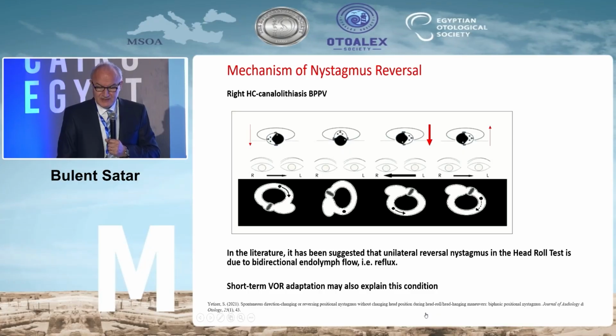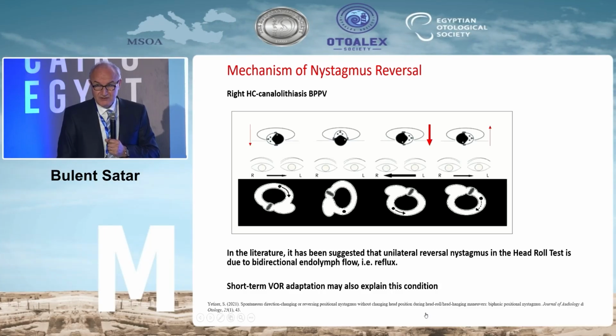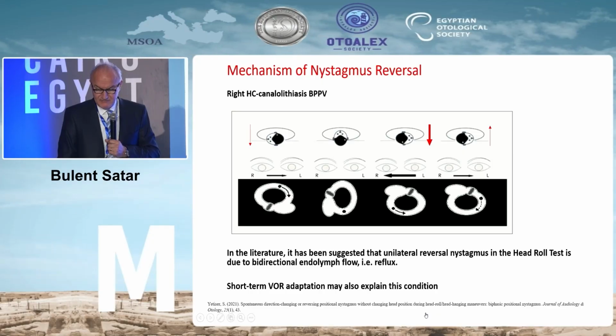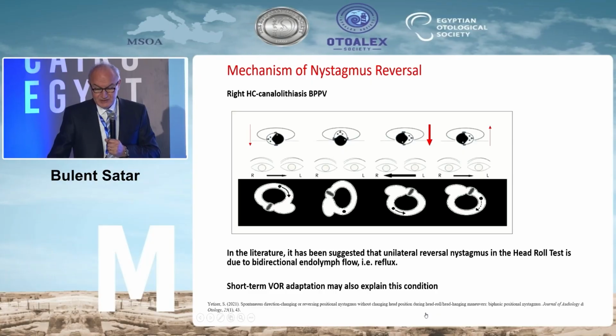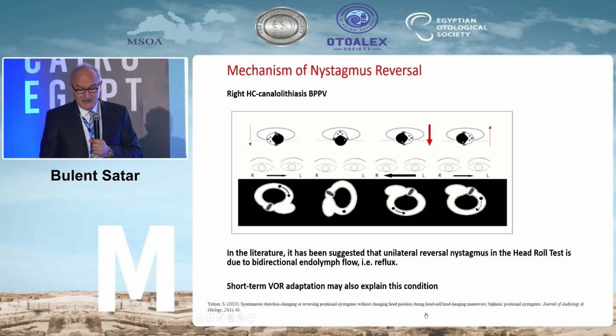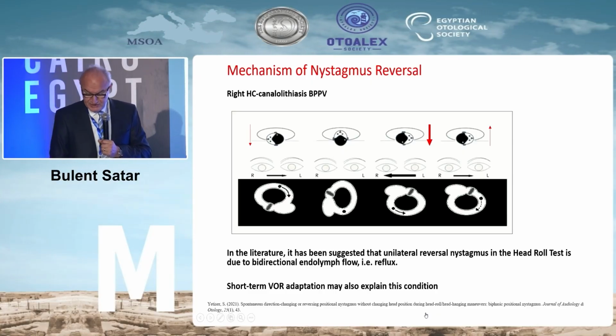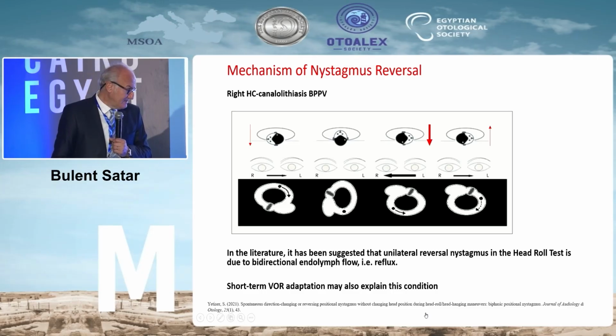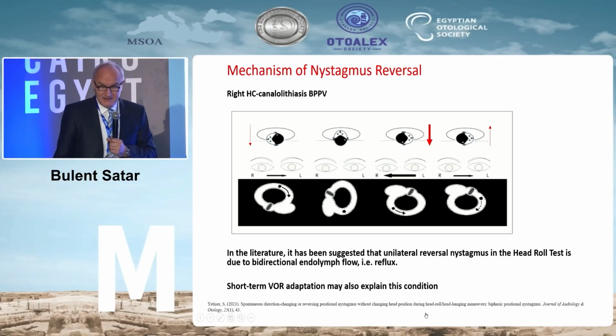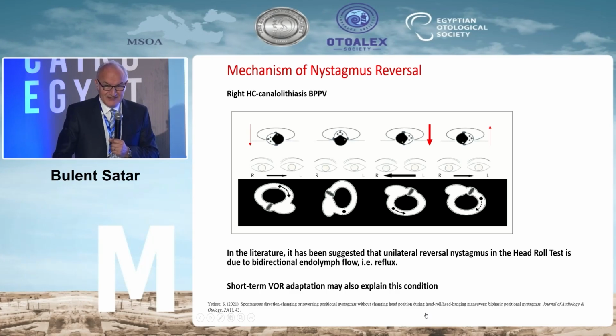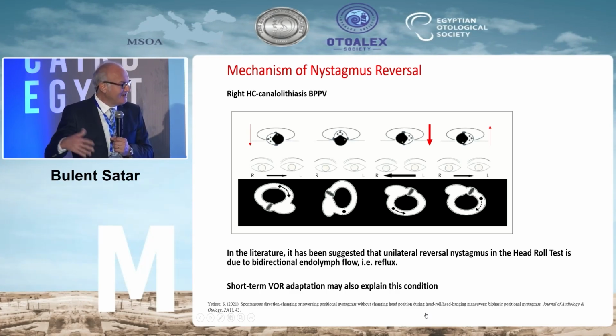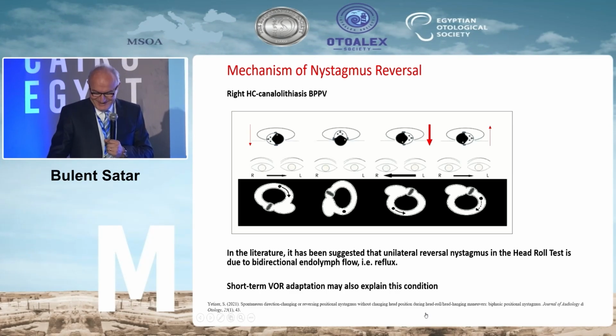Right horizontal canal canalolithiasis BPPV was diagnosed when we saw nystagmus reversal in the same position in this variation. And the literature also proposed that short-term adaptation may explain this condition. Okay, thank you very much for your attention. I had actually another case, but time limitation. Thank you.